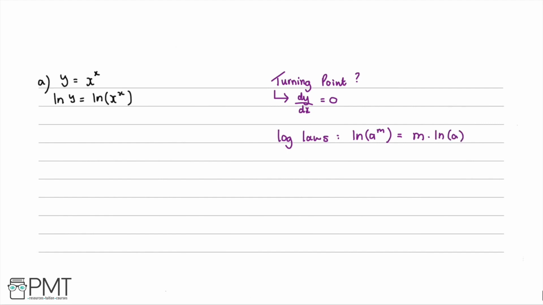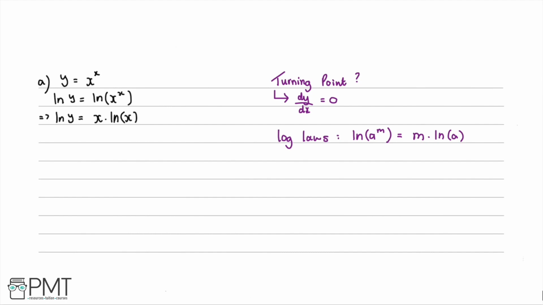So this means we can use this log law to help us with this question, and we can rewrite this right hand side taking the exponent x in front of the log term. So we'll therefore have that ln of y is going to be equal to x multiplied by ln of x.